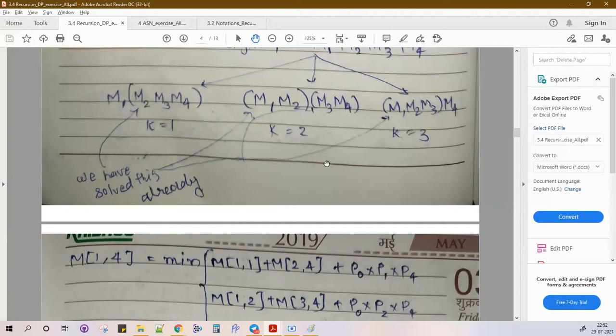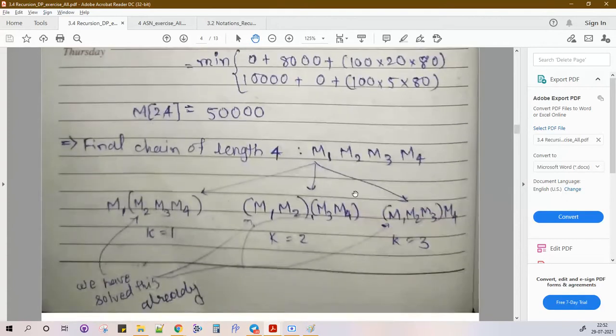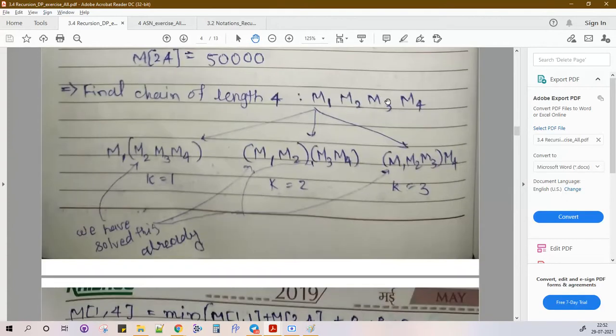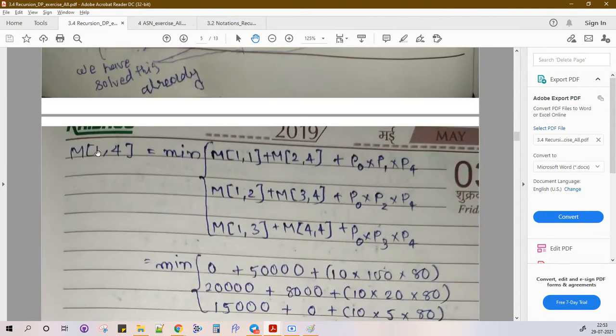Let's take the last one, this m14 now, the main problem we will solve. If I want to solve mij, that is nothing but m14, I can break it. For m14, how many values of k can I have? k equal to 1, 2, 3, not 4, right?